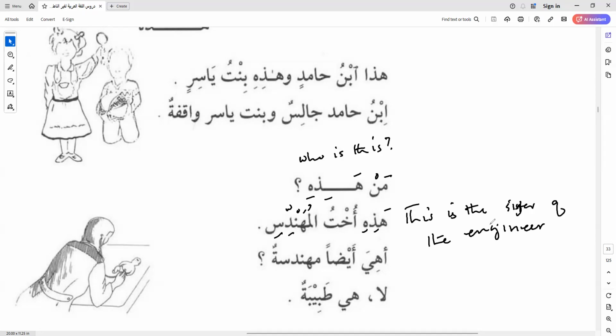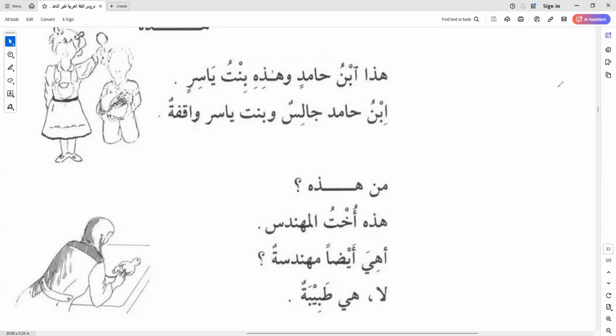This is the sister of the engineer. هذه أخت. Now, أخت, we have أخ. That's the opposite. The opposite of akhun is what? Ukhtun. Akhun, a brother.